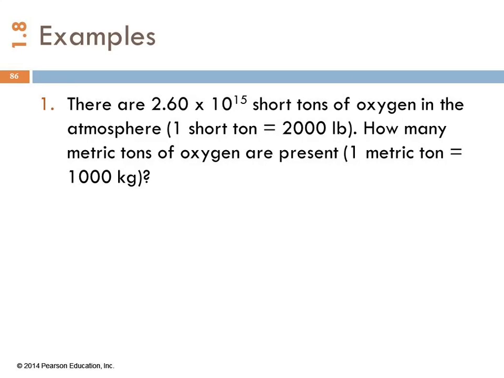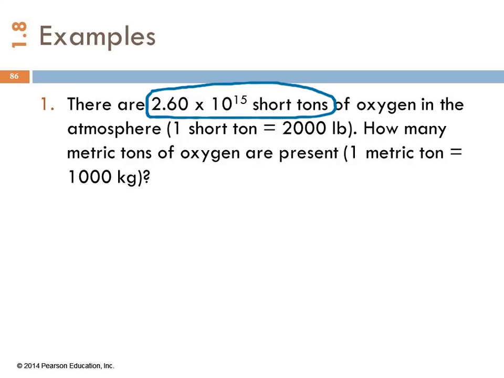So here is a word problem, and we've got some numbers in here. These guys in parentheses, something equals something, those are conversion factors, unit equations, information. There's really only one number that's given in this problem, and that's a number of short tons of oxygen.